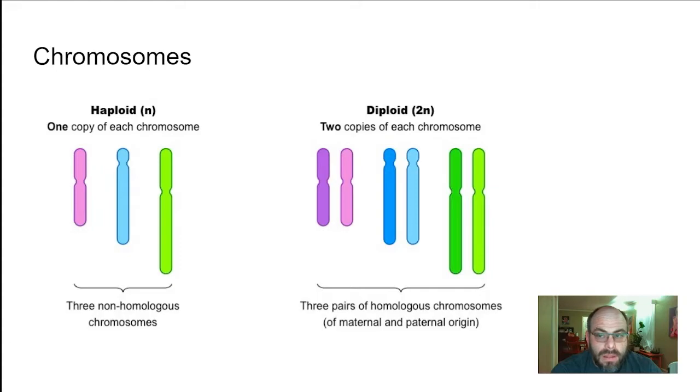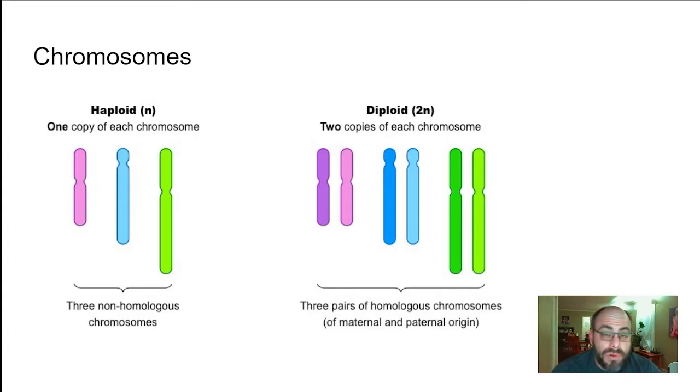All right, and then that individual can make haploid cells, which are sex cells. Those haploid cells have half the number of chromosomes, just 23, if you think about it. 23 plus 23 is 46. Why am I using these numbers? Well, humans have diploid 46, haploid 23.